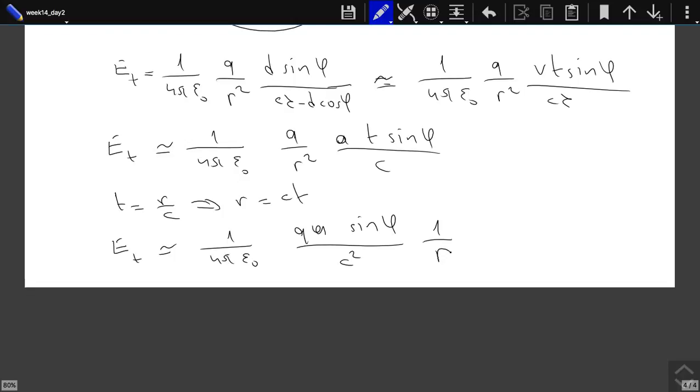If there is no acceleration, there is no tangential component. If there is acceleration, there is a tangential component which is proportional to 1 over R instead of 1 over R squared. So this is what we call the radiation field. This electric field can go to infinity, or very far distances.